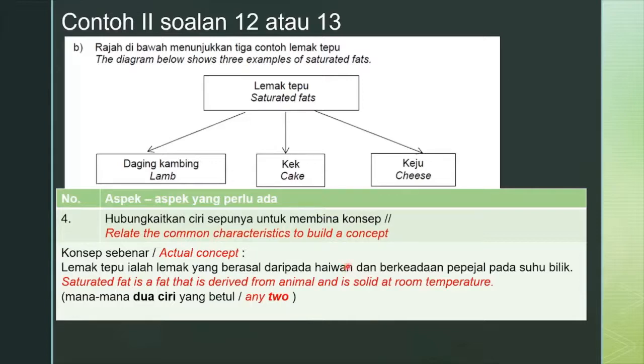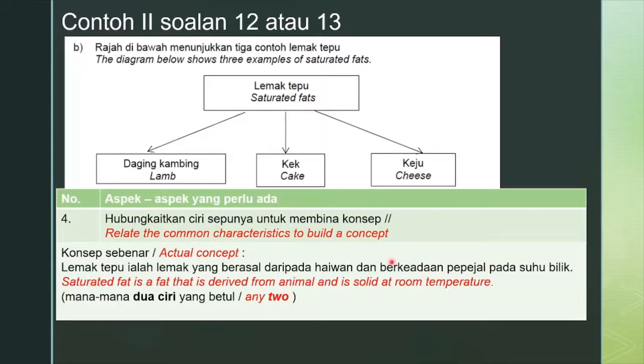So katakan kita pilih yang ini: berasal dari haiwan dan keadaan berbejal pada suhu bilik. Katakan kita pilih dua ini, maka dalam jawapan anak murid mestilah letak dua jawapan ini sebagai konsep lemak tepu, sebab dia tanya apakah konsep bagi lemak tepu. So lemak tepu ialah lemak yang berasal daripada haiwan dan keadaan berbejal pada suhu bilik. Dua ciri sepunya yang anak murid pilih.